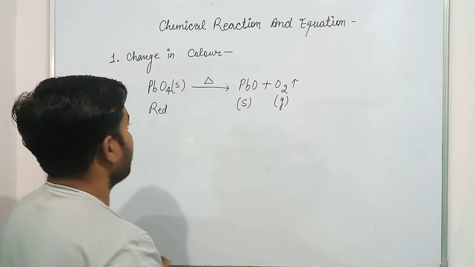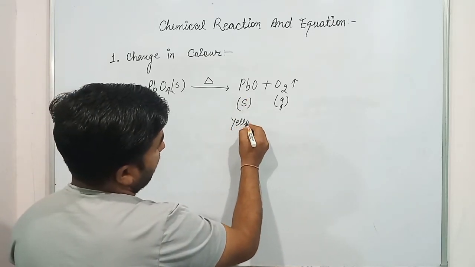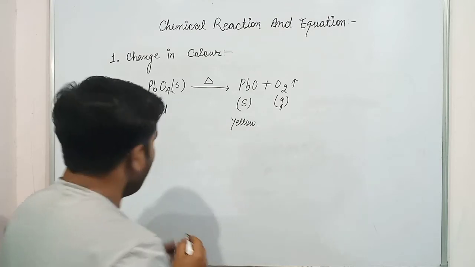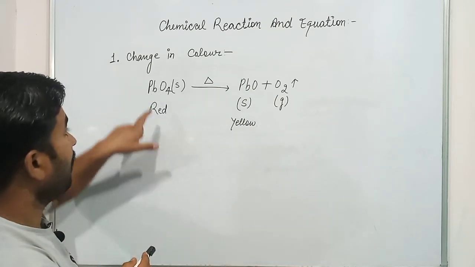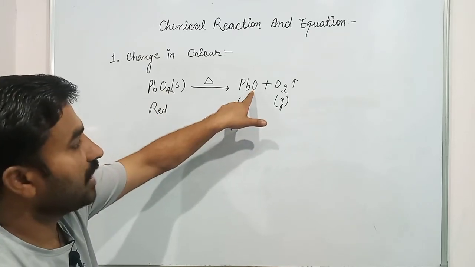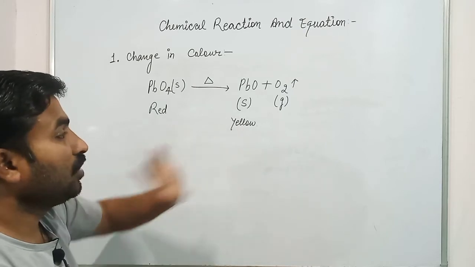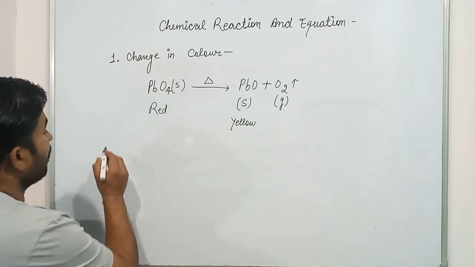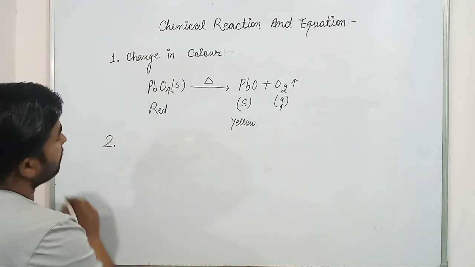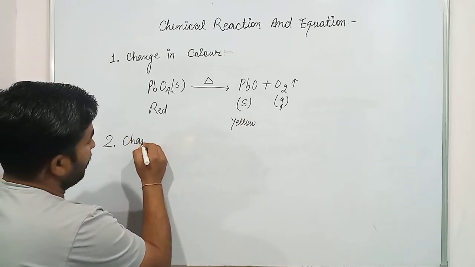We get lead oxide, which is yellow in color. It means lead tetraoxide is converted into lead monoxide, and the color also changes here, from red into yellow.